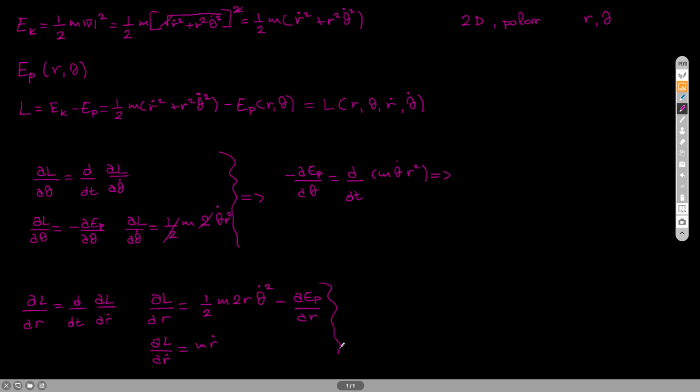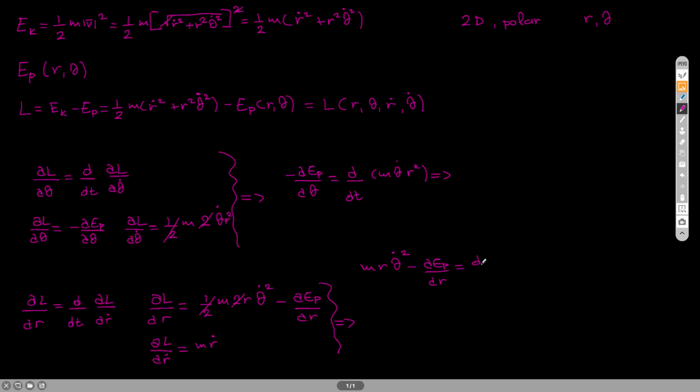Now I'm going to take all of these together and combine them. The left side of Lagrange's equation is this. Copying and pasting, the 1/2 with the 2 will cancel out, so it will be m r theta dot squared minus the partial of Ep with respect to r.